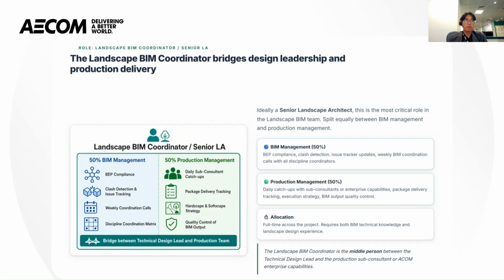That means 50% on BIM management, covering the BEP compliance, clash detection, issue tracker, and weekly BIM coordination calls with other BIM discipline coordinators, and 50% on production management, catching up daily with the sub-consultants and production teams, and managing the allocations. It requires BIM technical knowledge and landscape design experience.